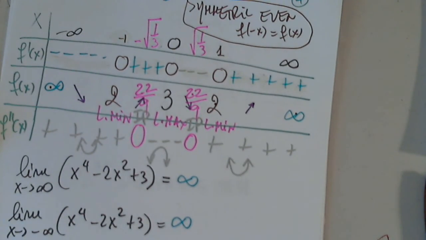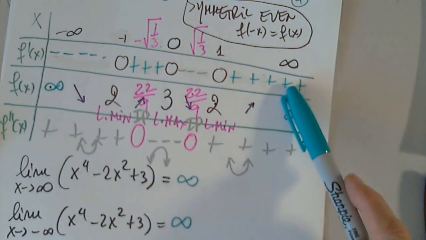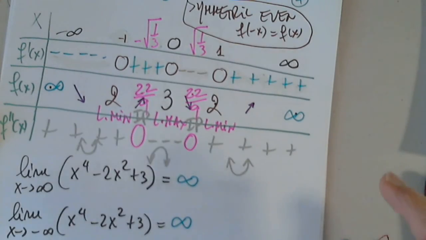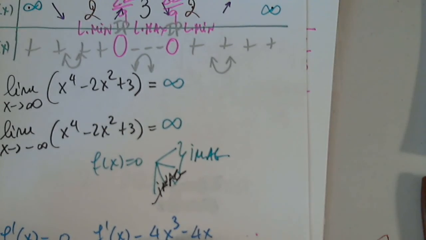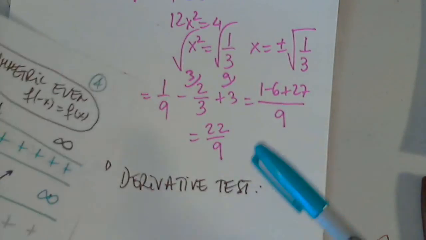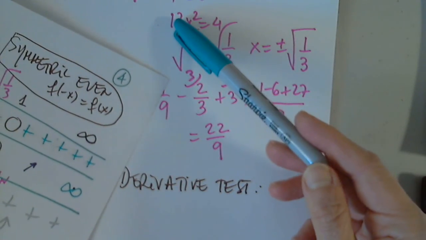The reason why, if you ask me why I don't use it, I never do. Just to check, I use it to check, but I don't use it to determine the sign of the first derivative. I don't. Here's why. If it happens that I make a mistake on the first derivative, the mistake will carry over to the second derivative. I can't have that.